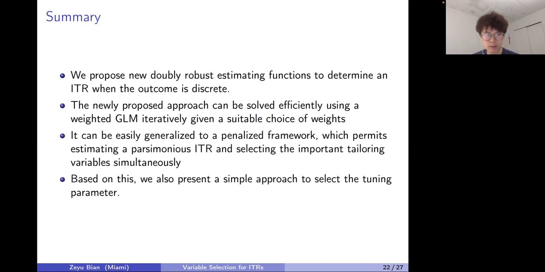We also show that this newly proposed method can be easily generalized to a penalized framework, which can estimate the ITR and select the important variables simultaneously. And finally, based on this, we present a simple approach to select the tuning parameter.